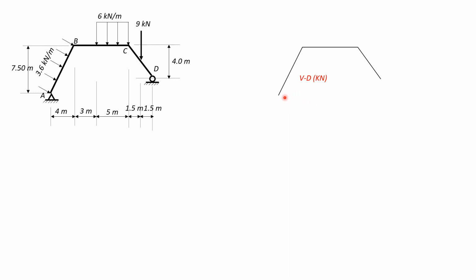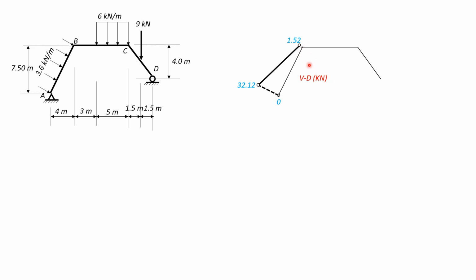So let us now construct the shear diagram and then the moment diagram. So this is the shear diagram. Remember, the shear here is 32.12. Then minus 3.6 times 8.5, and you will have there 1.52. And minus the shear, which is 1.52, that closes.